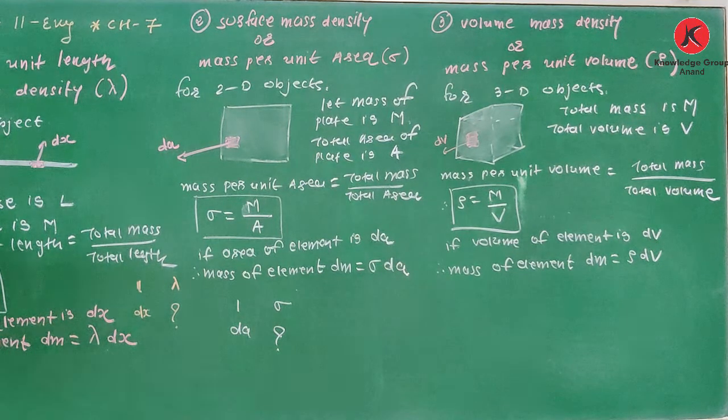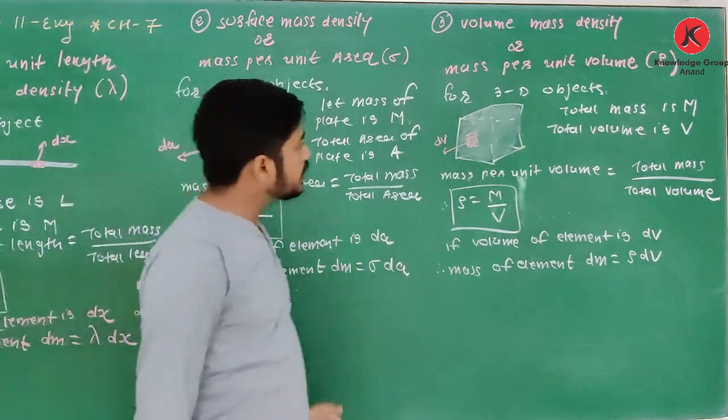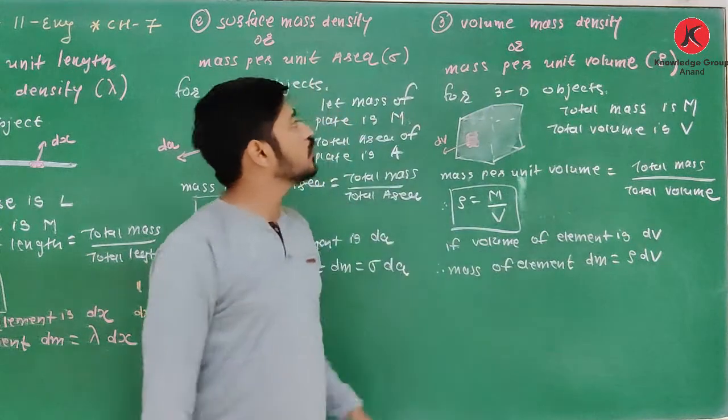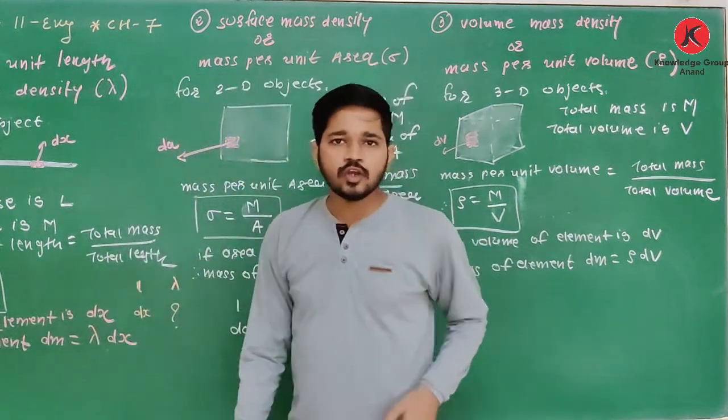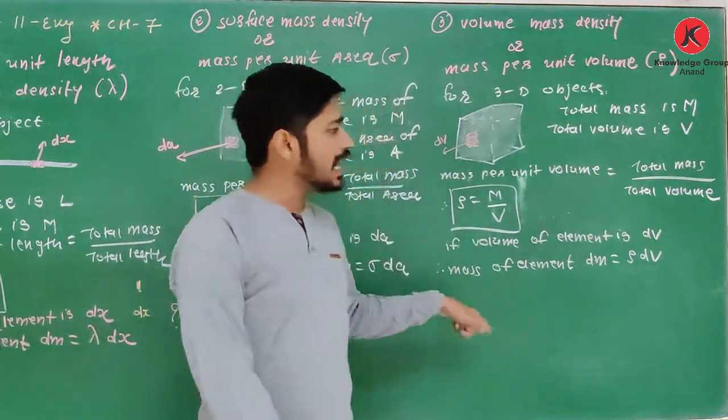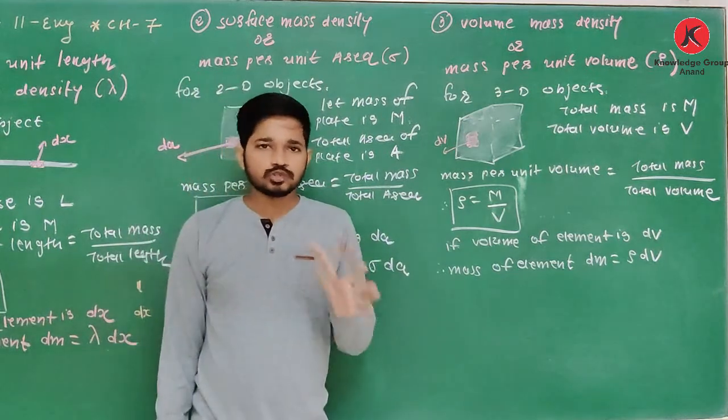Clear? So these three points you have to remember: mass per unit length, mass per unit area, and mass per unit volume, that is lambda, sigma and rho.